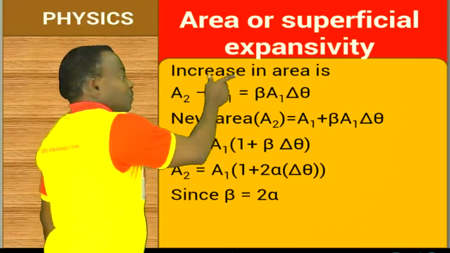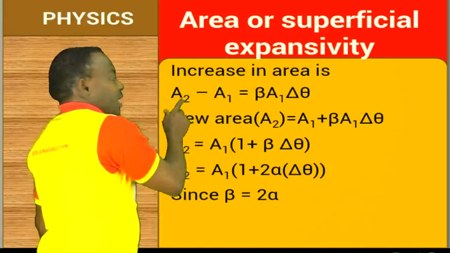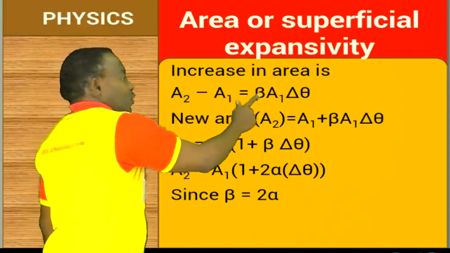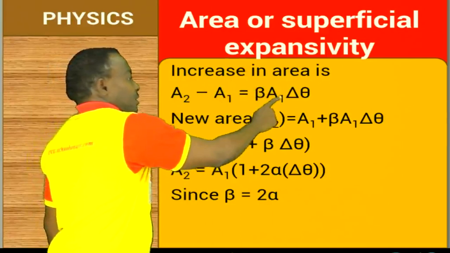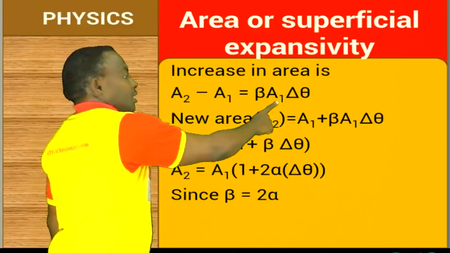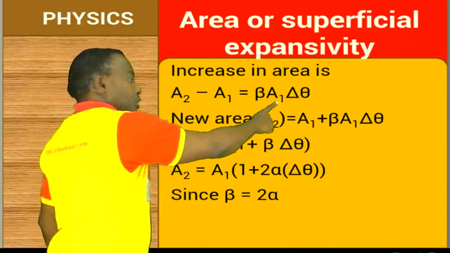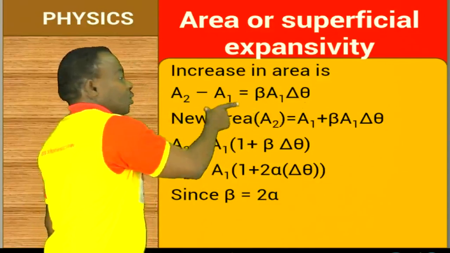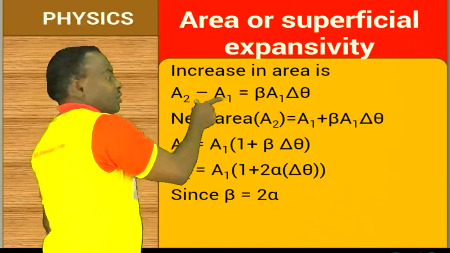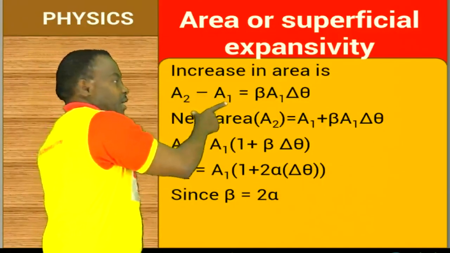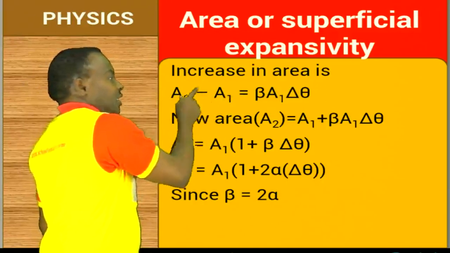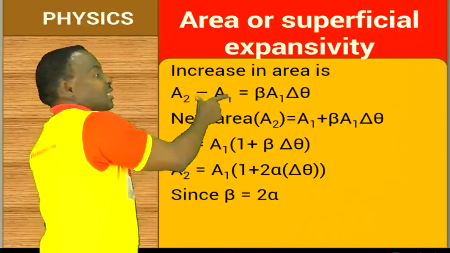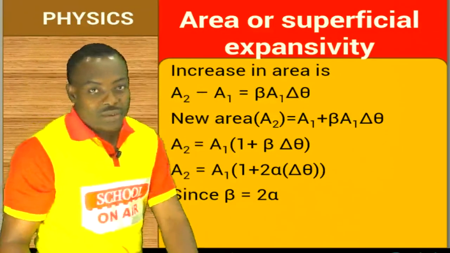The increase in area is A2 minus A1, that is the new area minus the initial area, which equals area expansivity times the old or initial area times the rise in temperature. This gives you the increase in the area. A2 minus A1 denotes the increase, because when you deduct the initial area from the new area, you get the increase that has taken place in the area of the material.